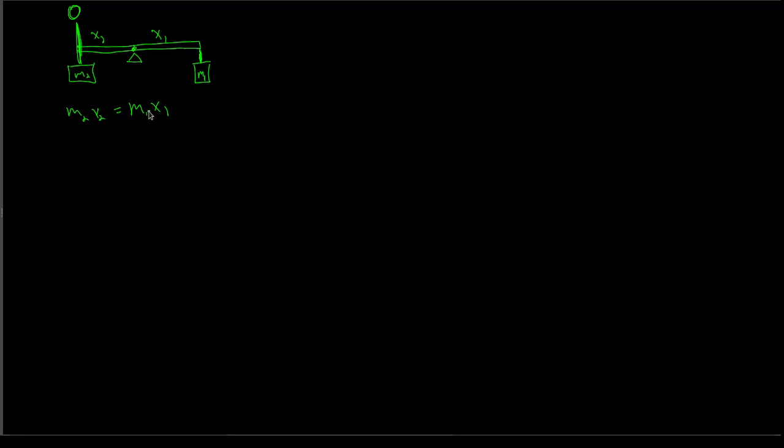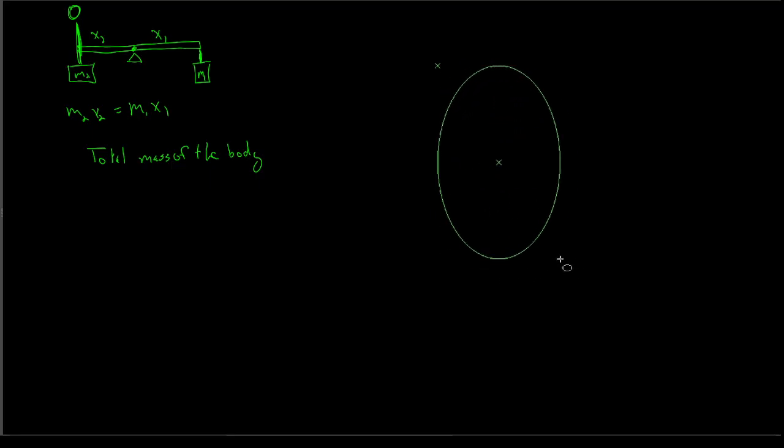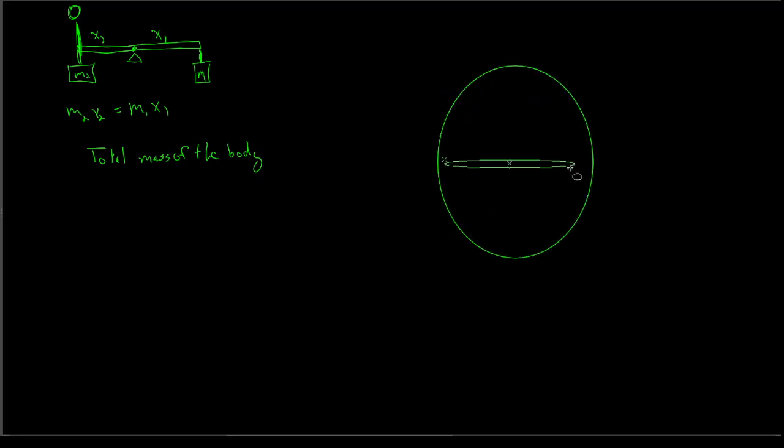What we do then is extending this into 3 dimensions. What you want to do is you want to find the total mass of the body. And we can think of some 3-dimensional object consisting of little point masses all inside of it, an infinite amount of point masses of different radial distance from the center.